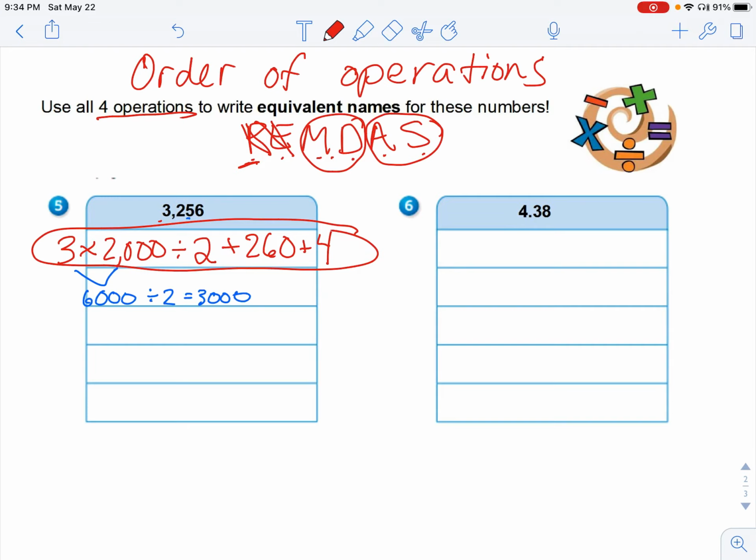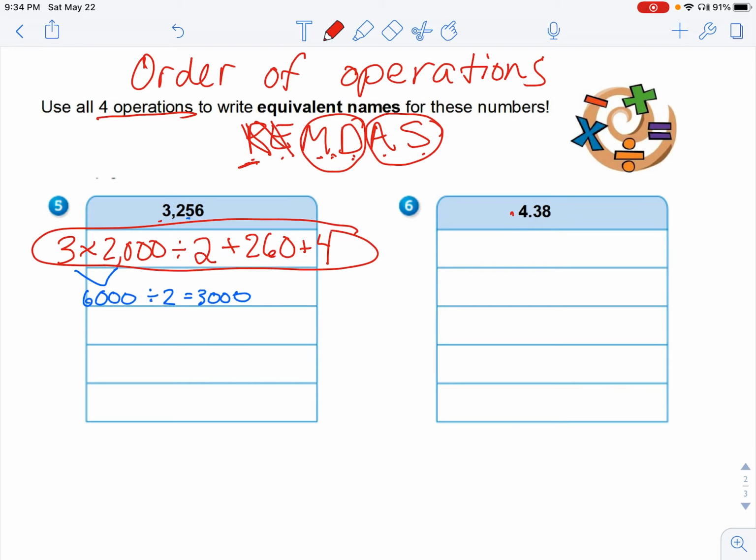Okay, let's try it with a decimal now. Read this decimal with me on the count of 3. 1, 2, 3, 4 and 38 hundredths. And well, I'm going to start with some division this time. And division and multiplication go together, so whichever one comes first, you're going to just do that one first.